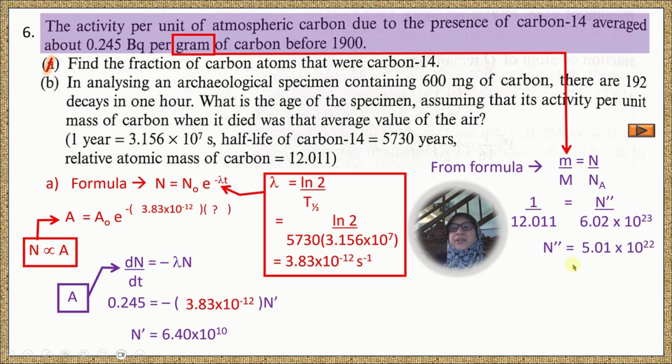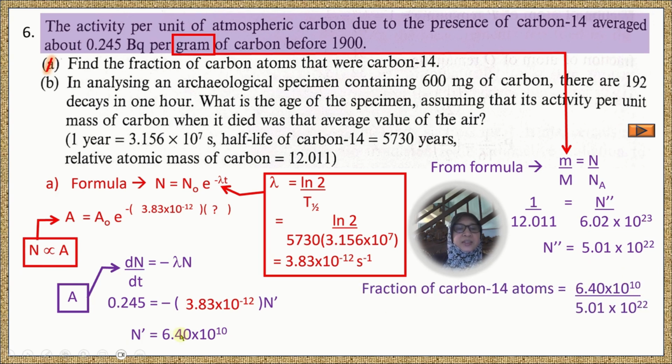So the number of atoms for 1 gram is 5.01 times 10 to the power of 22. Now we can get the fraction: 6.40 times 10 to the power of 10 over 5.01 times 10 to the power of 22. So the answer is 1.28 times 10 to the power of negative 12. This is the answer for 6A.